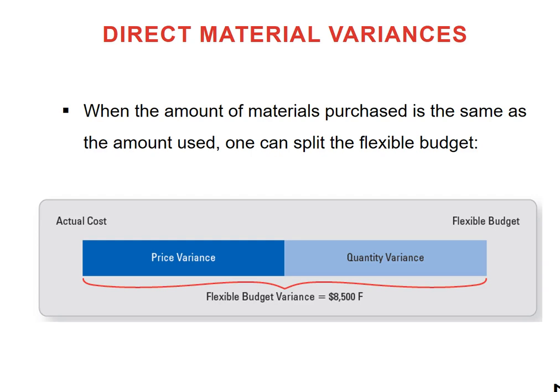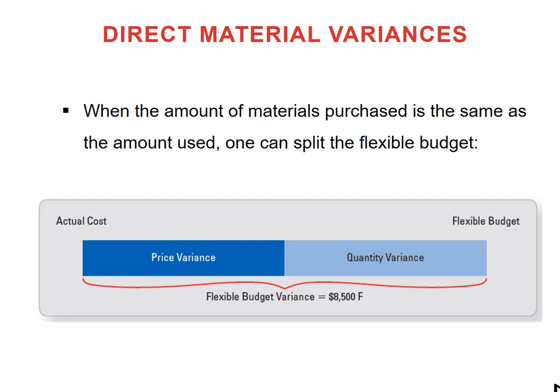And another reason for this variance is the quantity of flour that you are using. For your budgeted one, you should have some standard amount or standard quantity of direct material or flour that you already budgeted. But when you check the actual amount that you used or needed, that could be higher or lower.